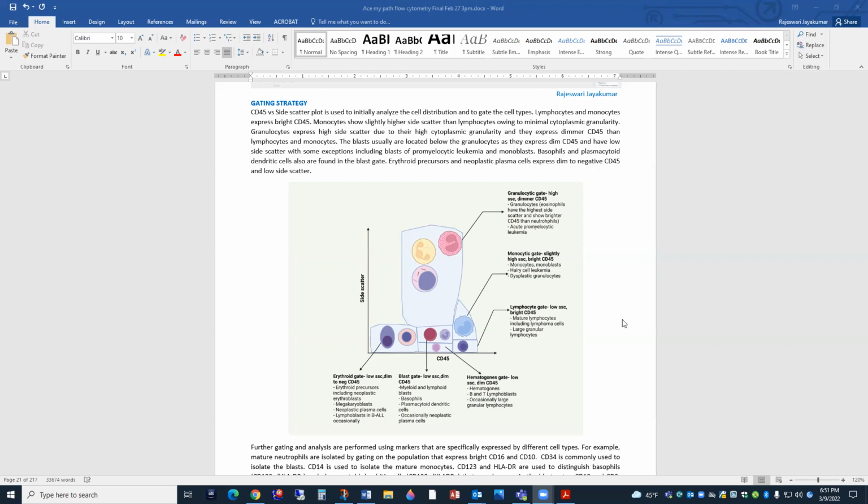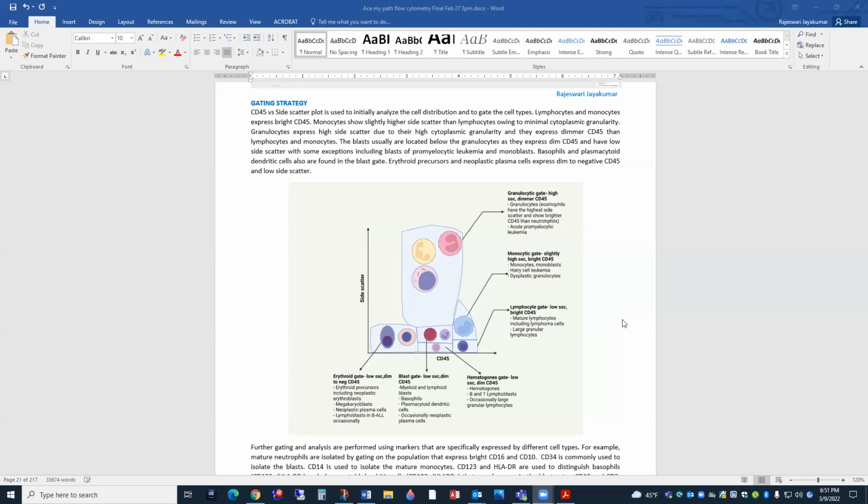And side scatter is the light that is scattered at a 90-degree angle by the cells when they pass through the fluorescence laser. The things that contribute to side scatter in a cell are the cytoplasmic granularity and the complexity of the cell, like the nuclear contour.